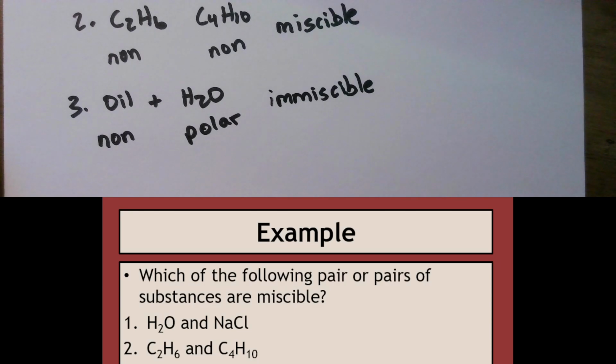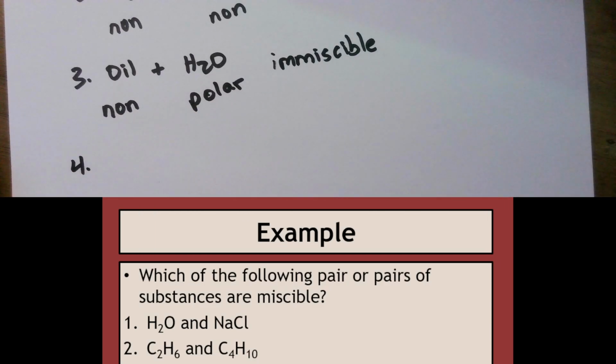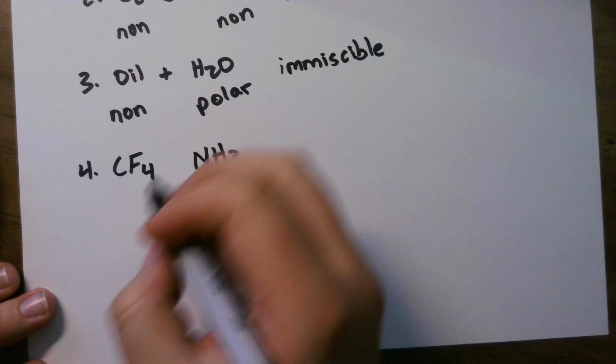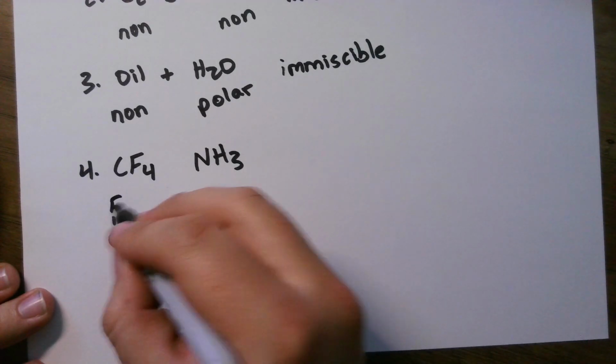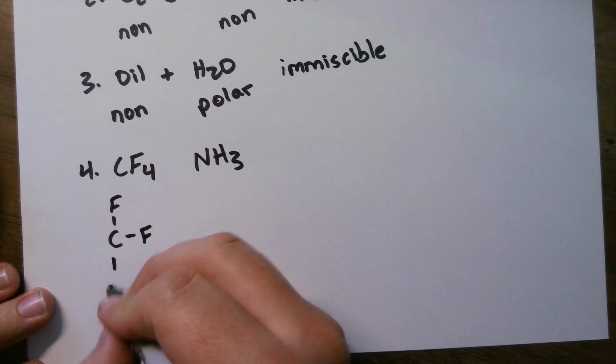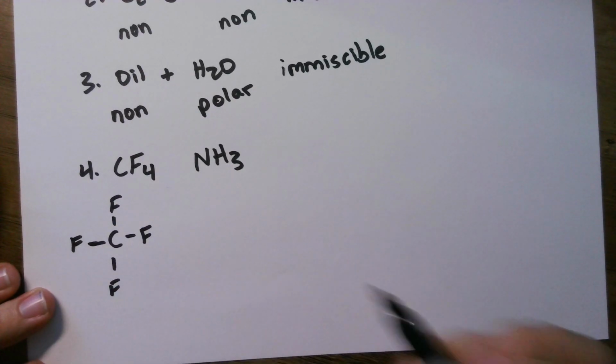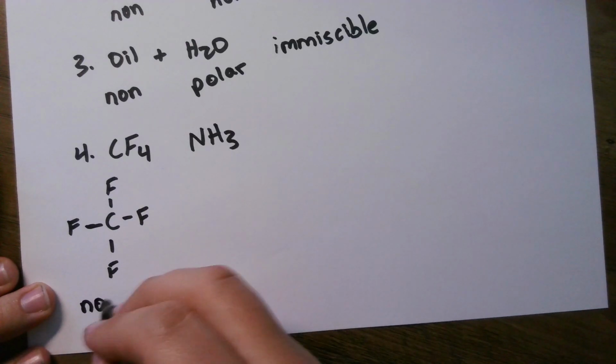And my last one here, I'm just going to go ahead and copy, is CF4 and NH3. CF4 will be a C surrounded by 4 Fs. Because it's fully symmetric, and because there's more than 2 planes of symmetry, I know that this is non-polar.